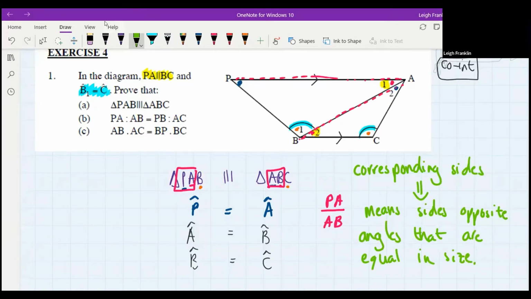So the reason that PA corresponds with AB is because they're opposite angles of the same size.